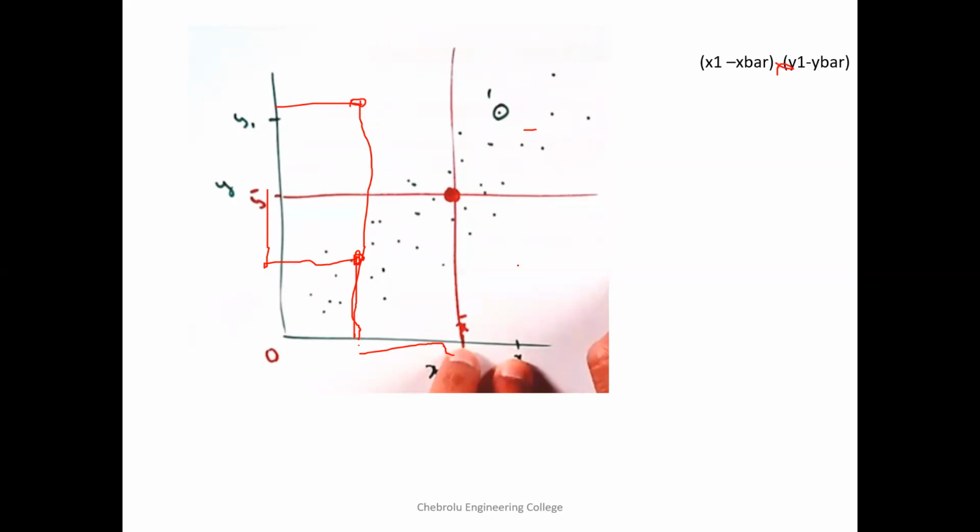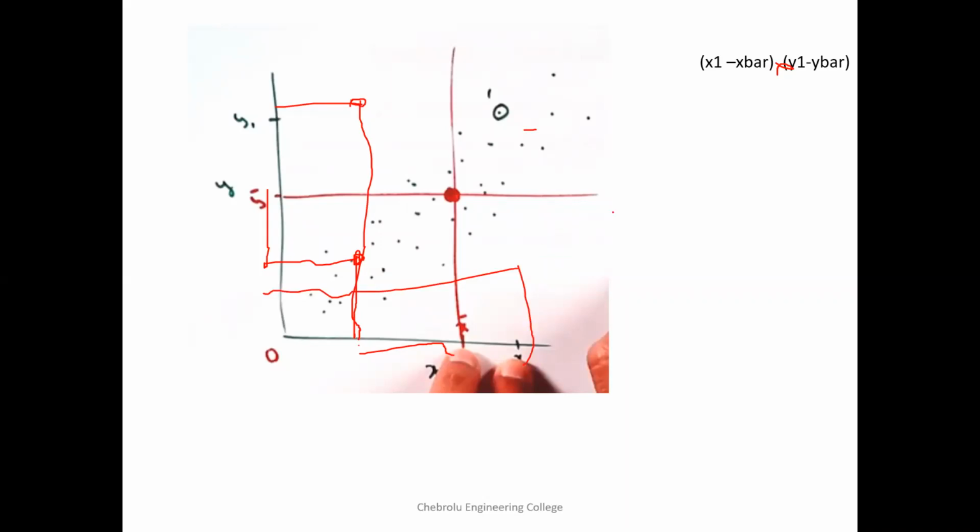And if you consider this one, x is positive and y is negative. In this case, you'll get negative values. That is why the first and third quadrants are said to be positive in relation, and the second and fourth quadrants are said to be negative in relation.